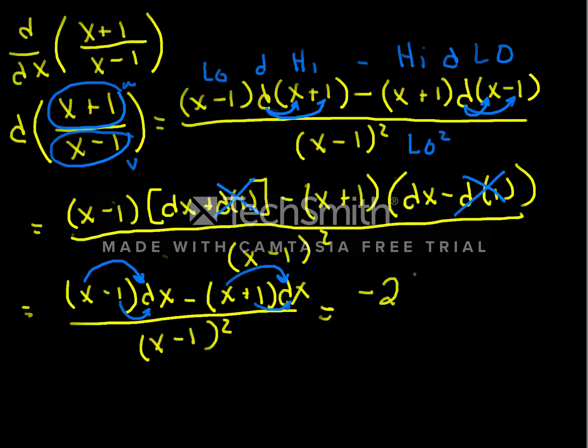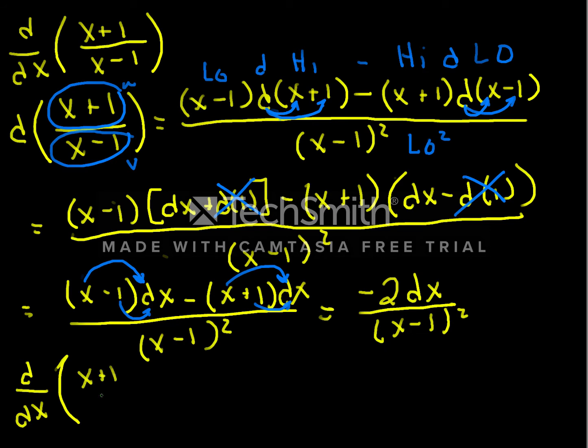And the denominator is x minus 1 squared. So that's what the differential of x plus 1 over x minus 1 is. So if I want to know the derivative with respect to x of x plus 1 over x minus 1, well, we computed the differential of this term already.